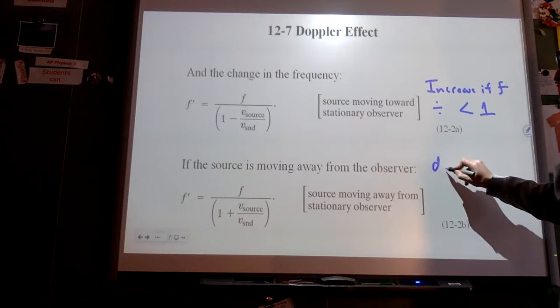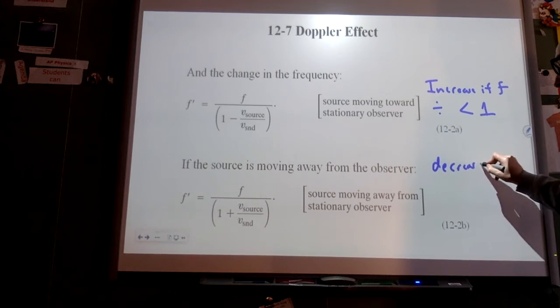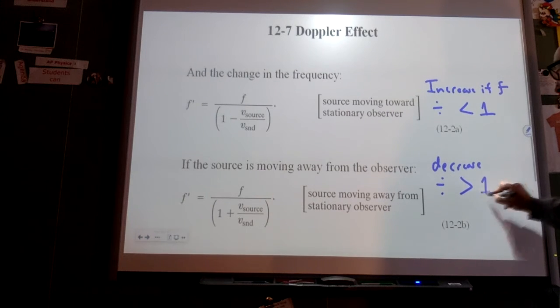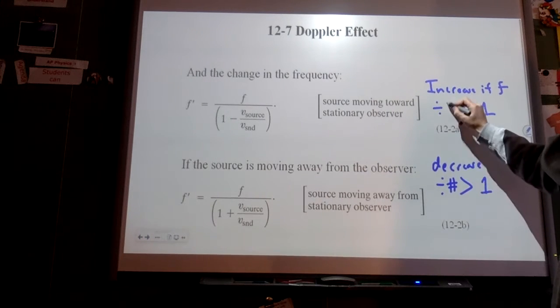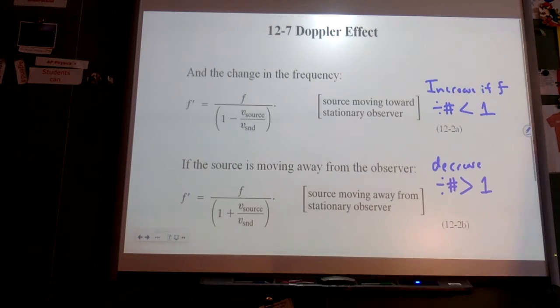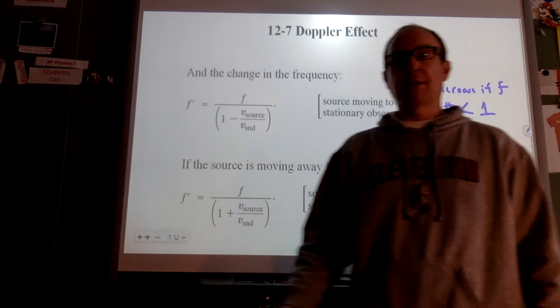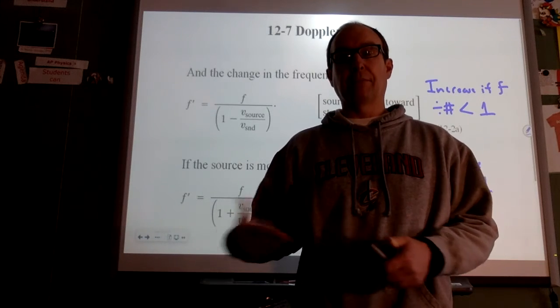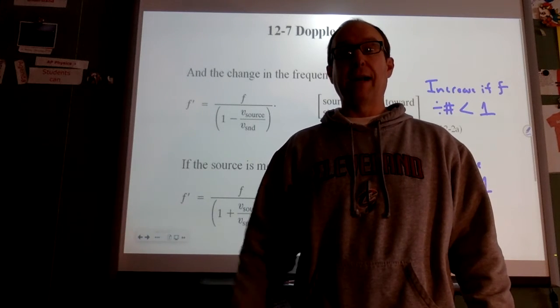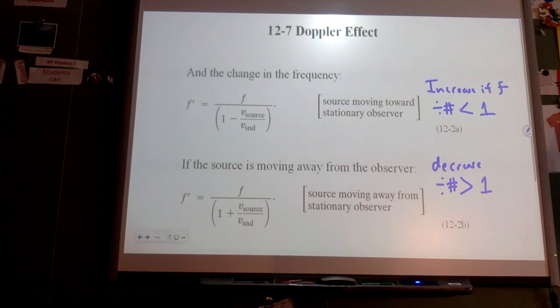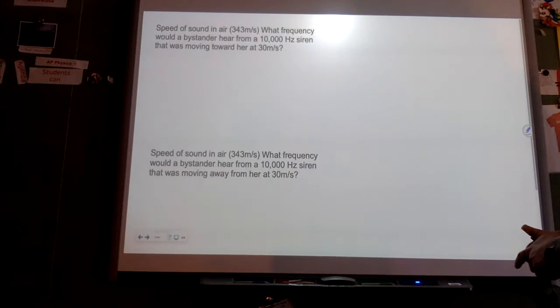If I want a decrease in f, I want to divide it by a number that's greater than 1. Does that make sense? So if you want something to get bigger, you divide it by something less than 1. If you want it to get smaller, you divide it by something more than 1. So let's reason through a couple of these problems.